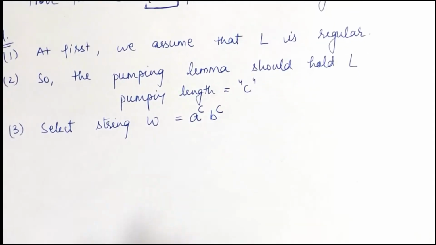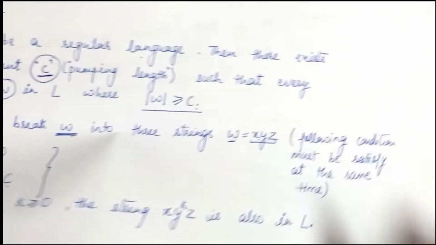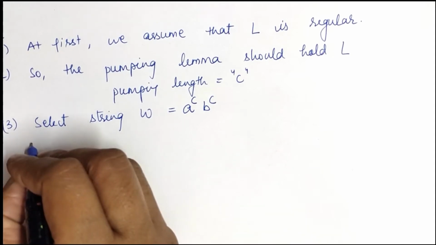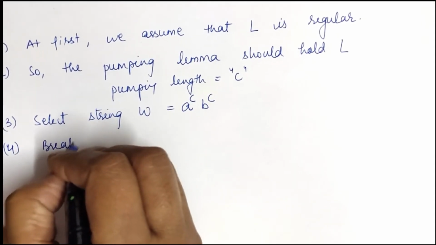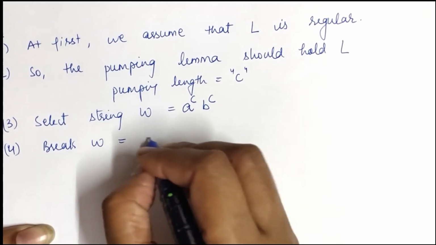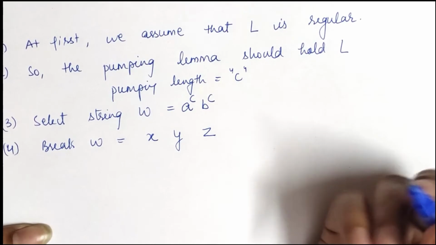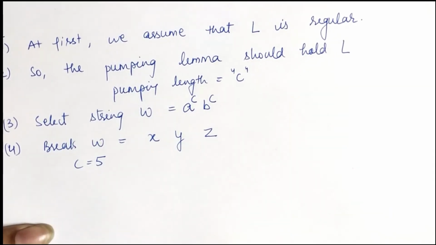Now, for this string W, we have to break W into 3 sections X, Y, Z. So in the next step, we break W equal to XYZ. To break W, we assume that the pumping length C is equal to 5.